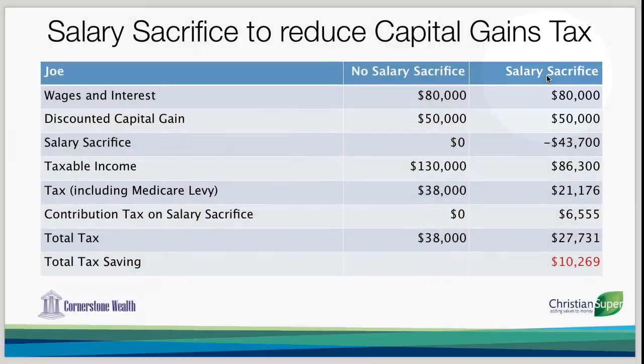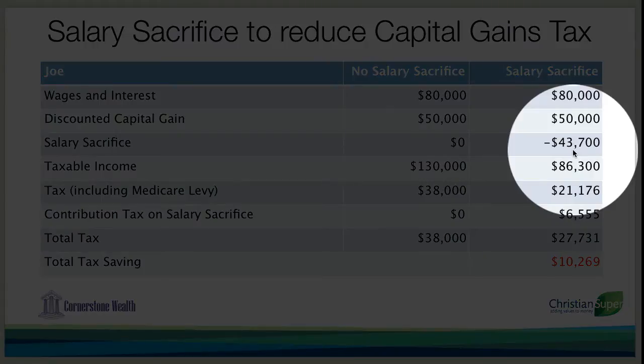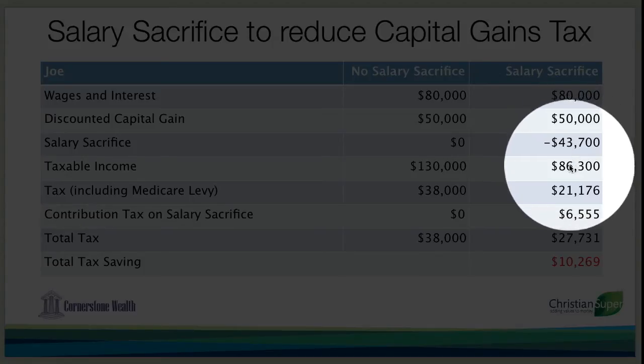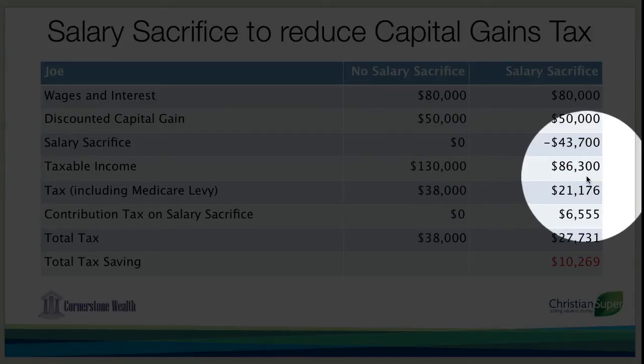Now if he made salary sacrifice contributions, so if he set this up early enough in the financial year that he's selling the property, he could salary sacrifice up to $43,700. It's not fully $50,000 because he's got superannuation guarantee contributions in there as well that he needs to make. So his salary sacrifice is $43,700. His taxable income then reduces from $130,000 to $86,300.